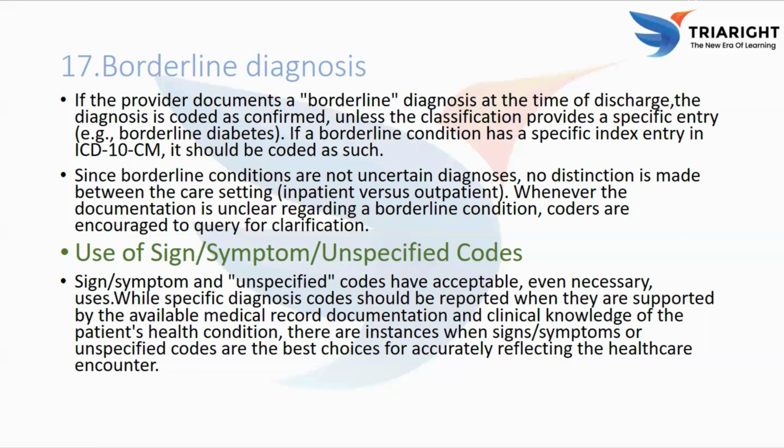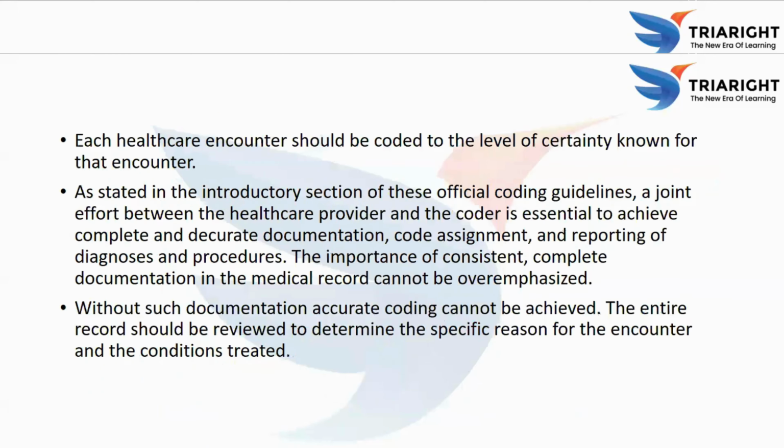They are used only when they best describe the patient's current condition and the documentation doesn't allow for a more specific diagnosis. So borderline is treated as confirmed, and unspecified or symptom codes are used only when the provider documentation doesn't give you enough detail for a more precise code. So this is about the borderline and use of sign, symptom and unspecified codes.